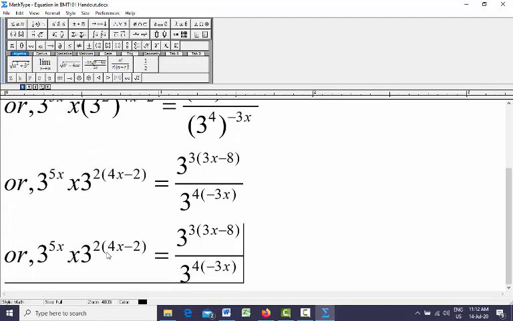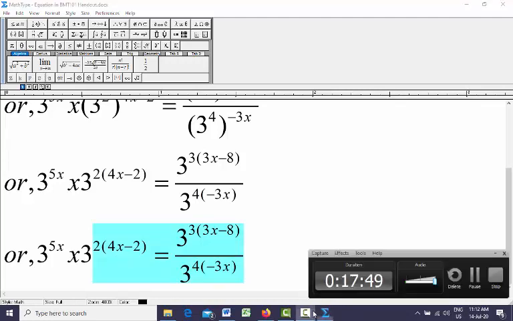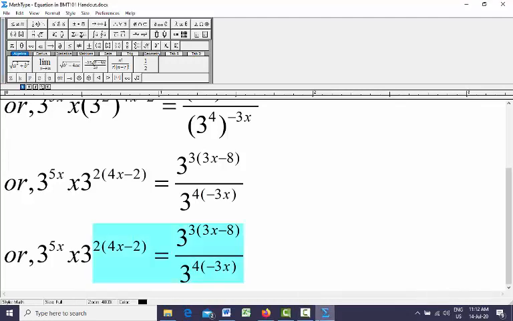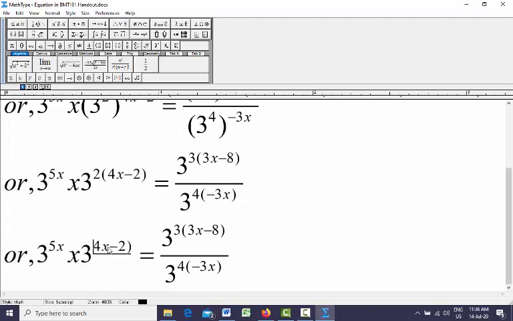So now what we will have here, so now as you can see, we will multiply 4x minus 2 by 2. So what we have, we will have 8x minus 4.